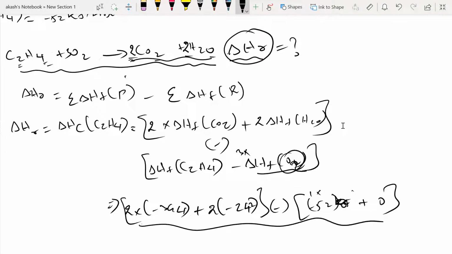You know everything. You just have to calculate and find the answer. Right? This is how questions will be asked. This is one type of question. In this kind of question, they have indirectly given you a reaction and are asking you to find the enthalpy of the overall reaction using your enthalpies of formation. All right. Okay, fine. Moving on to the next question.